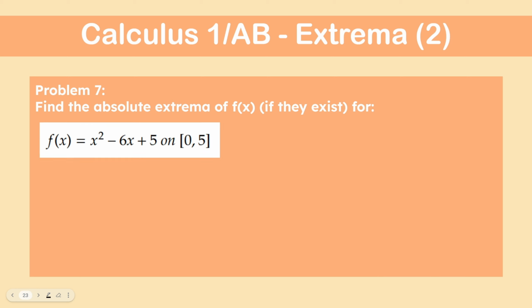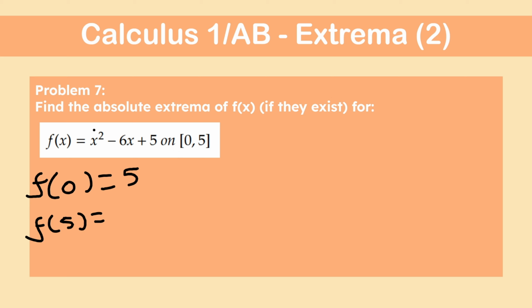Okay, so this problem is asking us to find the absolute extrema on this interval from 0 to 5. So the first thing I'm going to do is plug in the endpoints. So let's see, 0 minus 0 plus 5 is just 5. This one is 25 minus 30 plus 5, which is 0.